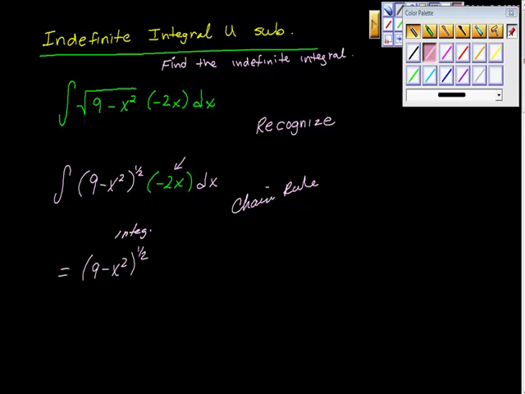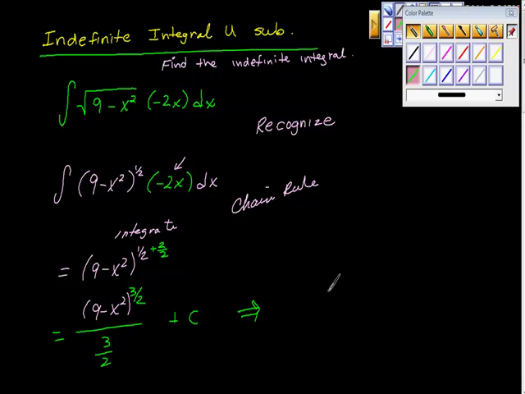If you integrate this, you're just going to take 9 minus x squared to the, and when you integrate, we do all this backwards, plus 1, which is 2 over 2, isn't it? So that makes this to the 3/2 over 3/2. This is the rule of integration, right? Plus c, our constant of integration here. And then I'm just going to keep simplifying this.